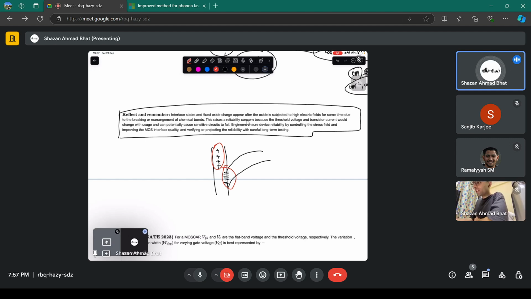If they mess up with the threshold voltage, they mess with the logic levels of ones and zeros in the system, because the threshold voltage, as you will study, determines whether your MOSFET is in on state or off state. If it is greater than threshold voltage, it is in on state. If it is less than threshold voltage, it is in off state.